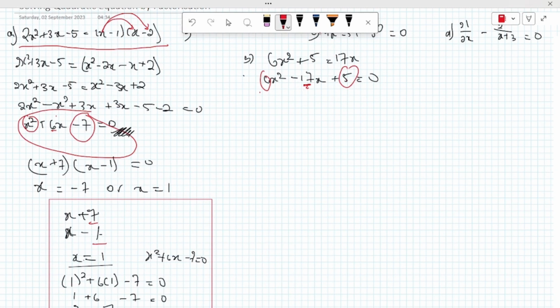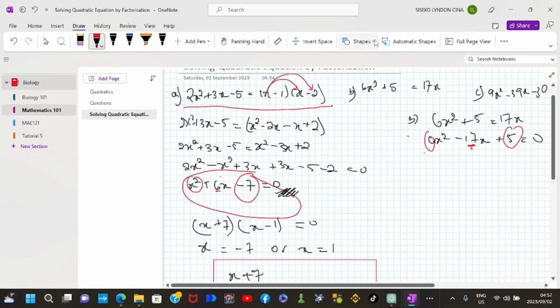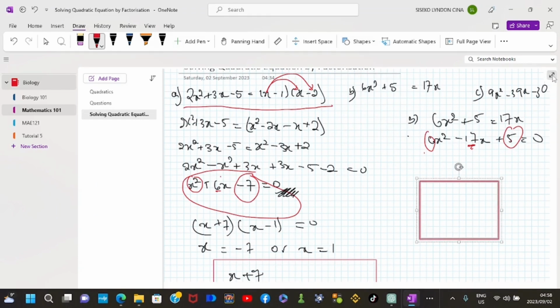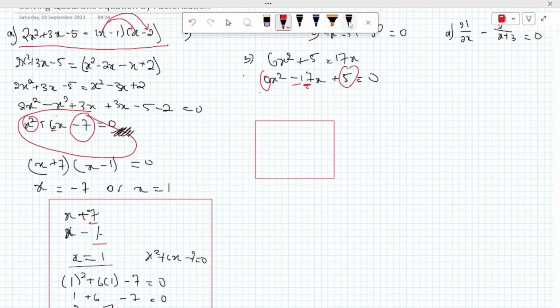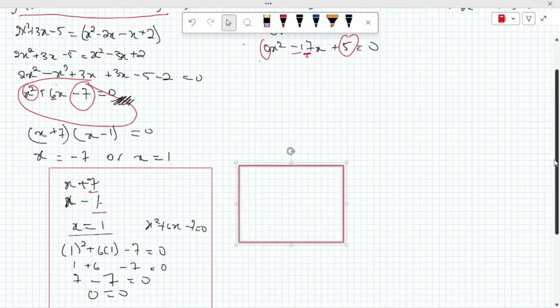Right. So let's draw our box here. Let's draw a box of calculations.